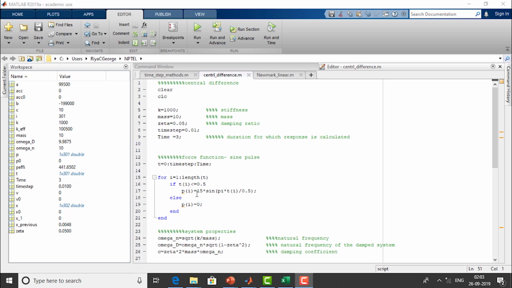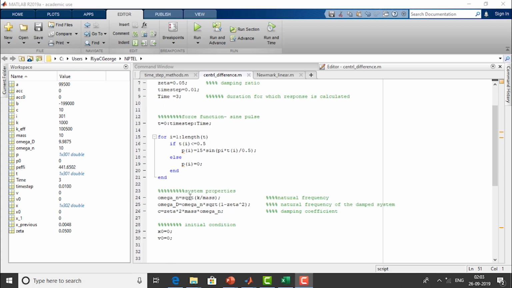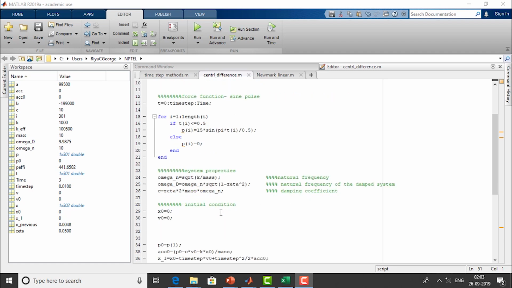This forcing function is 15 sine pi t by 0.5, so 0.5 seconds is the duration of the sine pulse. We can then calculate the natural frequency, the damped natural frequency and the damping coefficients. We already know the initial conditions; the initial velocity and initial displacement are equal to 0.